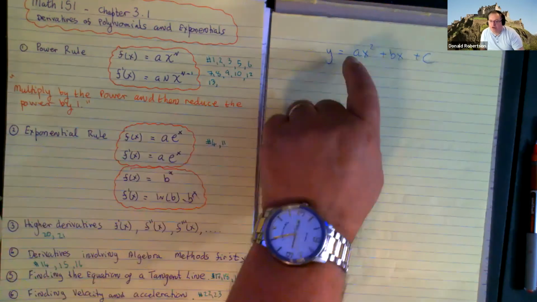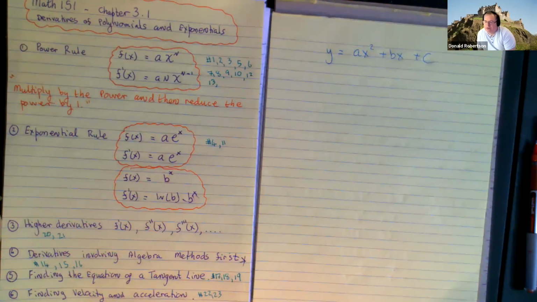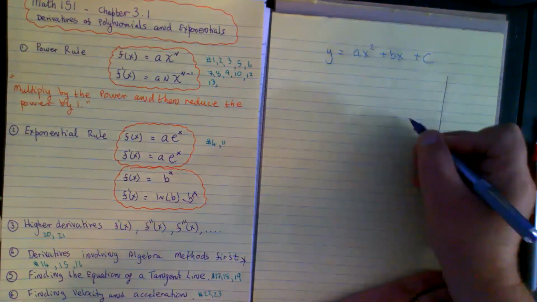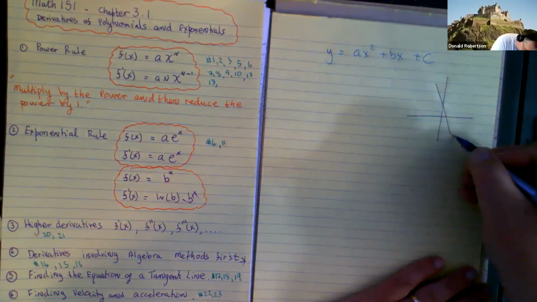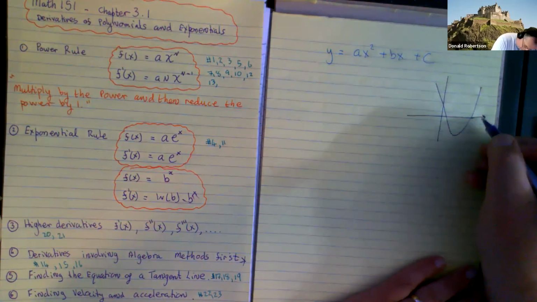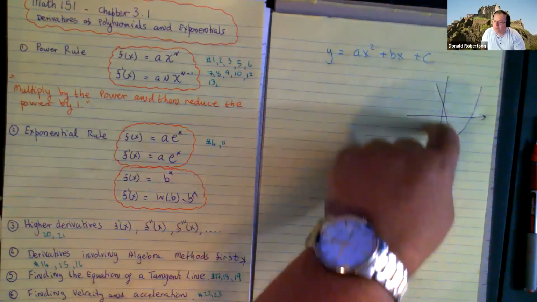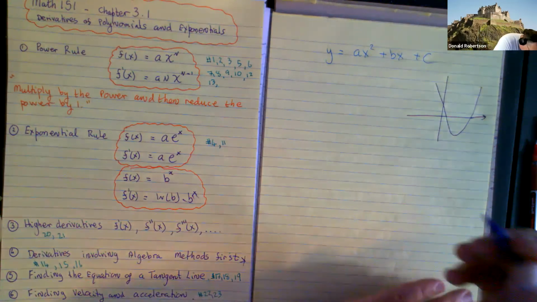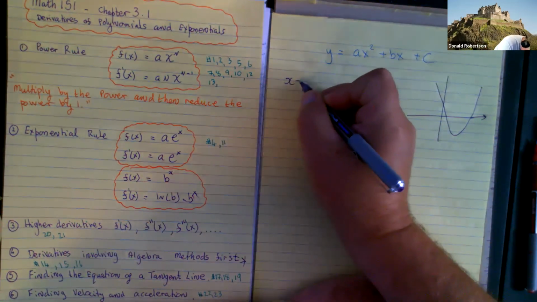Anybody recognize what curve that is? Ax squared plus bx plus c. What's that the general equation for? Parabola, right. Now, just for argument's sake, can we pretend it's this parabola here? This is a bit of a harder question because it's kind of springing on you.